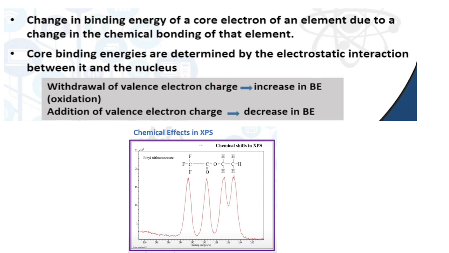If there is an electronegative atom, it is trying to take electrons, so the rest of the electrons will experience a higher effective nuclear charge. That's why the binding energy will increase. So withdrawal of valence electron charge increases the binding energy. Whenever oxidation takes place, you will get a peak at a higher binding energy. And when there is a reduction or addition of valence electron charge, there is a decrease in the binding energy.